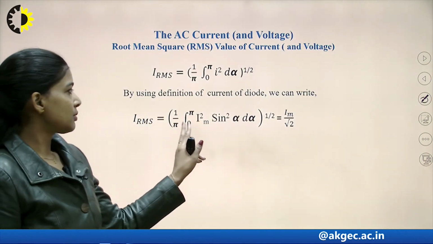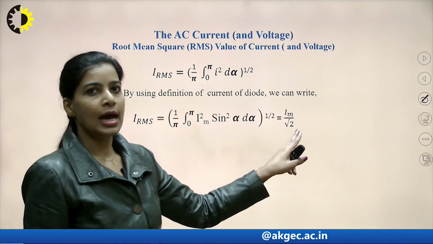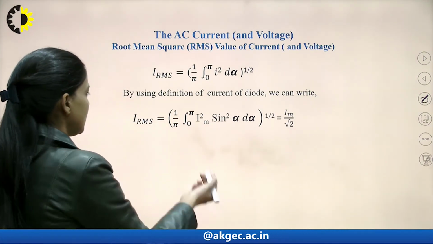So, this value of IRMS comes out to be Im upon 2 pi. So, we can solve it also.